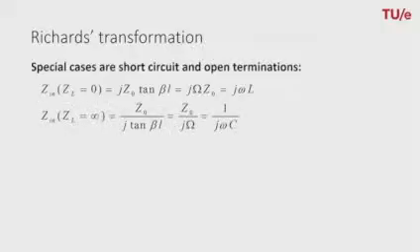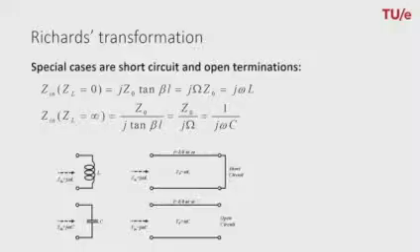Now, in a similar way, we can calculate the input impedance of a transmission line which is open at the end, at the termination, and then we get this equation where the input impedance can be written in terms of Z0 divided by j capital Omega, which again is very familiar to us because it looks like 1 over j omega C. Well, in fact, these equations show that we have an equivalence.